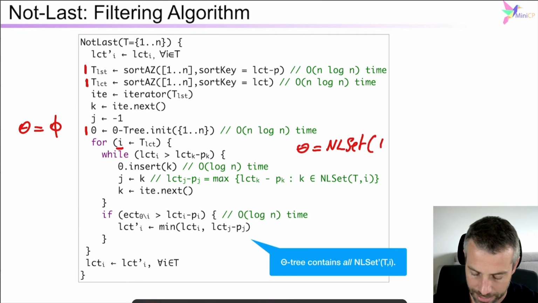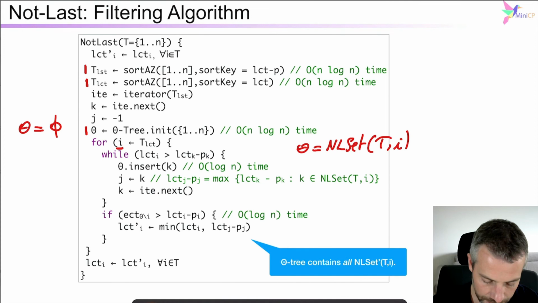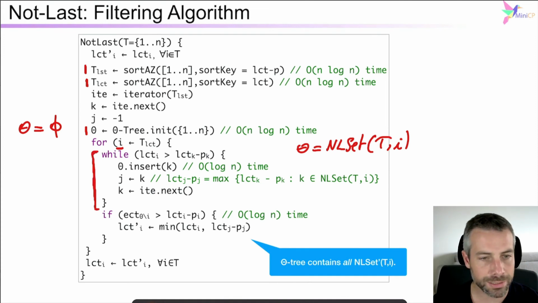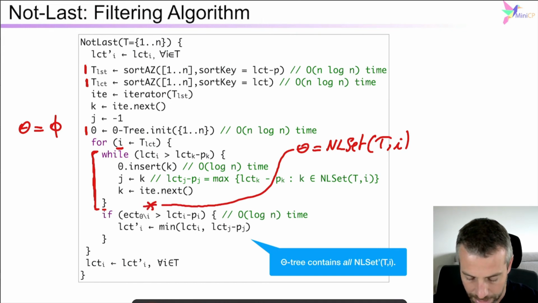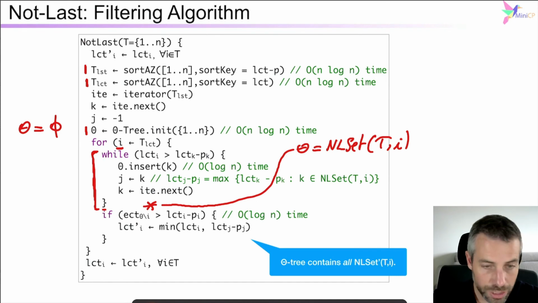It will contain the not-last set of the activity I. This is what we will do there in the while loop. In the while loop, we add all the activities so that after the execution of the while loop, this is true: the theta-tree will contain the not-last set of the activity I.